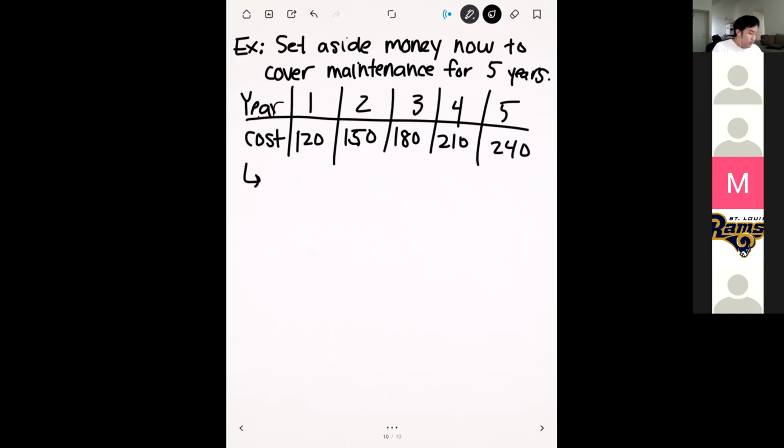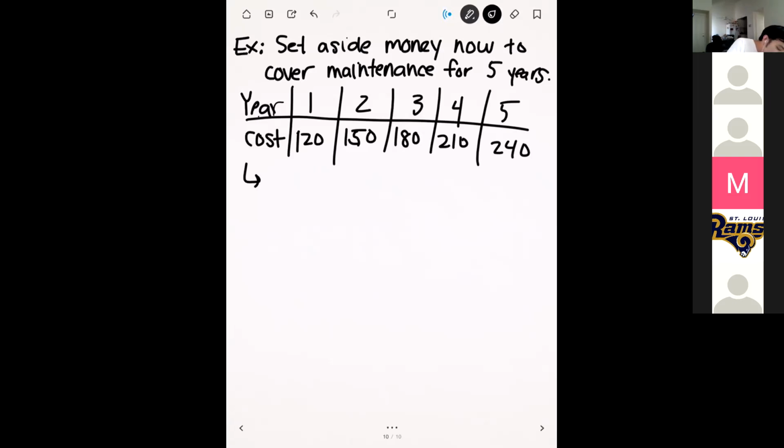Your friend sees this, and this is the actual money he is going to pay out to the dealer every single year to repair the car. But he says, I don't really want to worry about this. I have a good amount of cash right now. I want to stash it away into an account which is going to collect interest over that time, so that I can cover these expenses.